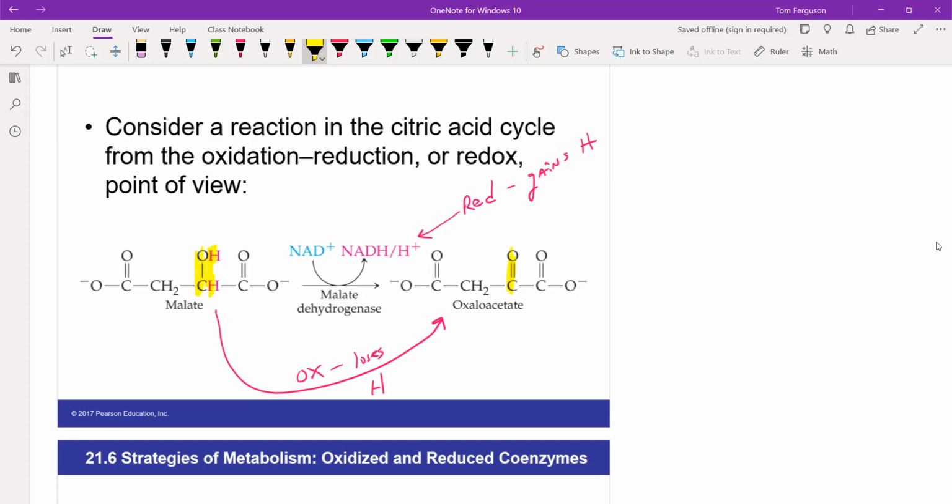Now the name for this is malate, and it comes from malic acid.